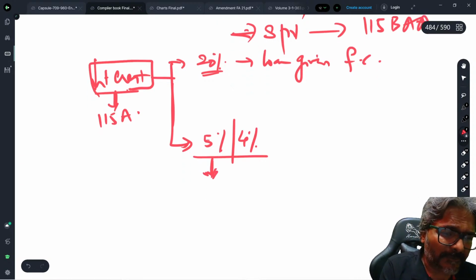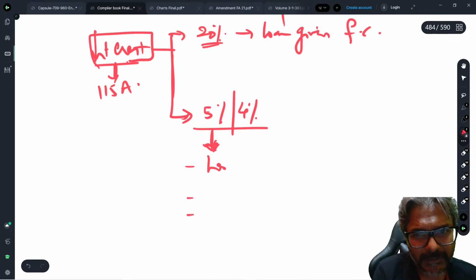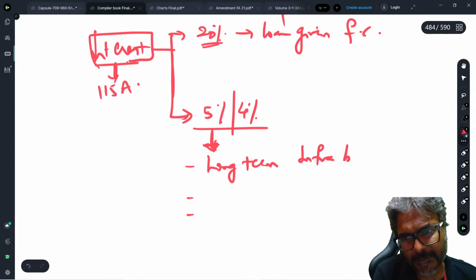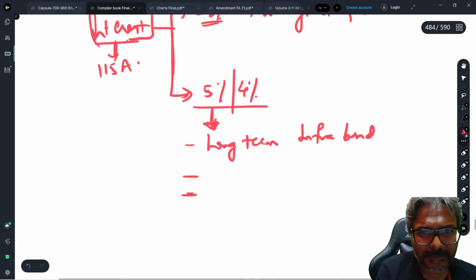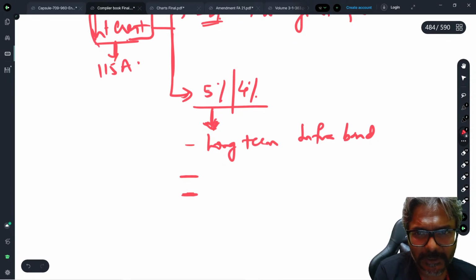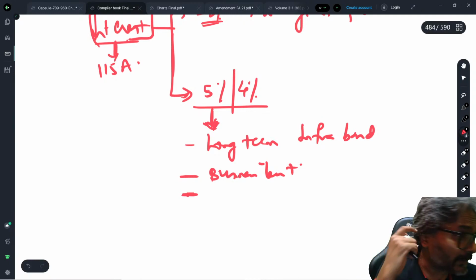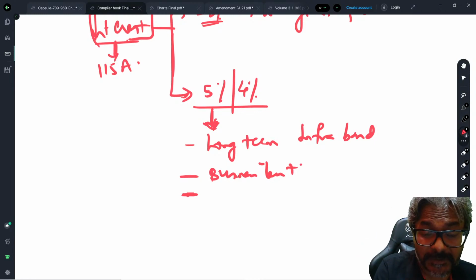Now, 5% and 4%, as you can recall, students, it is in respect of three important things. The first one is the long-term infra bond. The second one is the business trust, if the interest income has been received from the business trust.